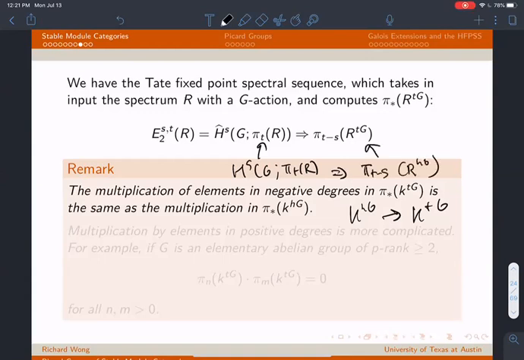And so you can kind of imagine how multiplication in negative degrees, where these two things agree, is going to be the same.